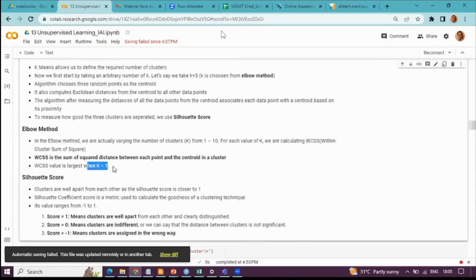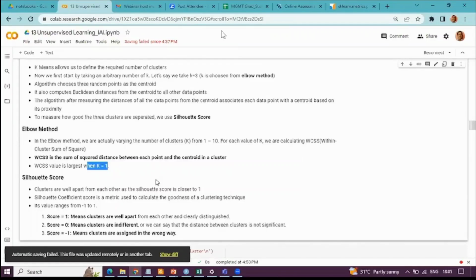Because of that, what you will typically find is that the within cluster sum of squares will be the highest when there is one cluster and would be 0 when the number of clusters is equal to the number of observations.